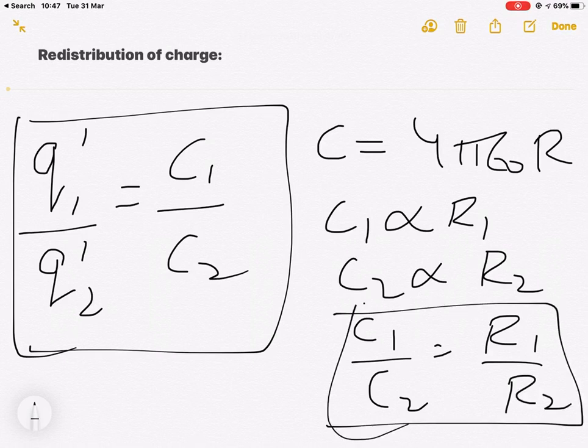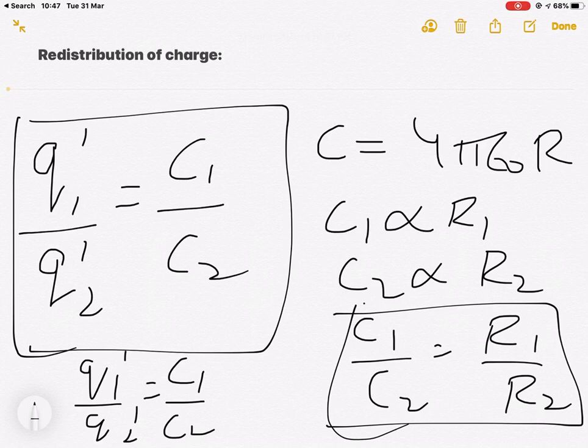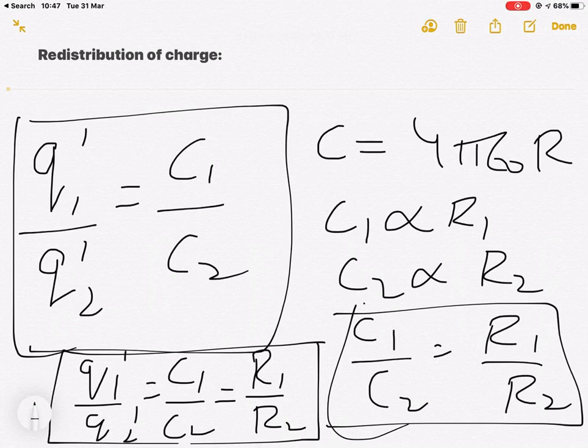So we can also use this relation to write Q1 dash by Q2 dash is equal to C1 by C2 is equal to R1 by R2. So this is the relation between charges attained by spheres when they are connected with each other, their capacity and their radius. This relation we have to keep in our mind.